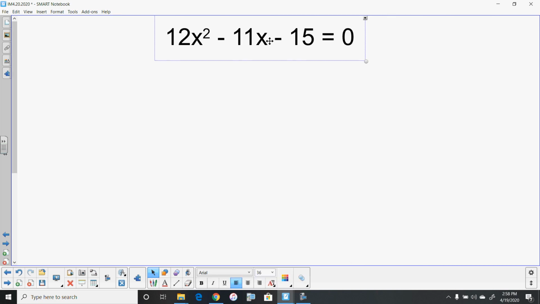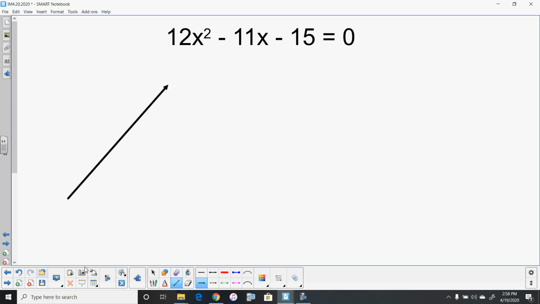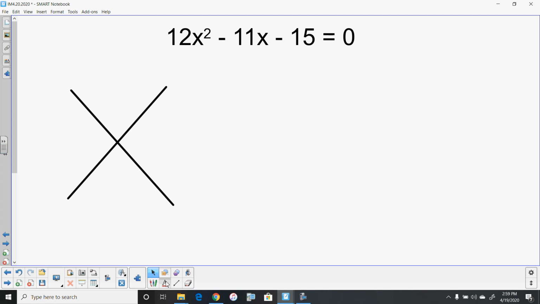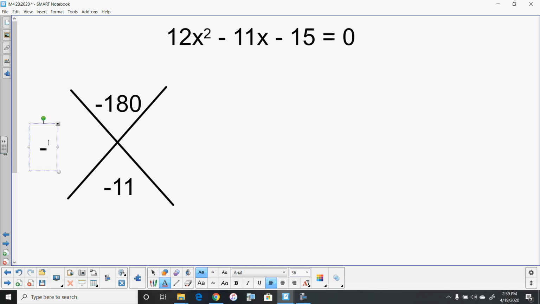So using my method, we start the same way, but instead of putting the x's and the x squared in there, we're just going to do 12 times negative 15, and we're going to put negative 11 down here. We already found the factors, and we did the problem the other way. So we know we're going to have negative 20 and positive 9.